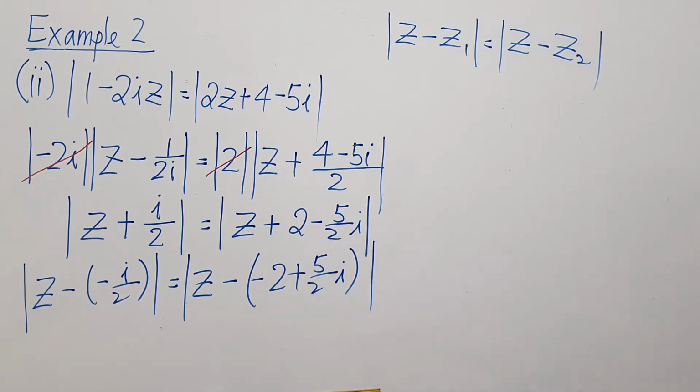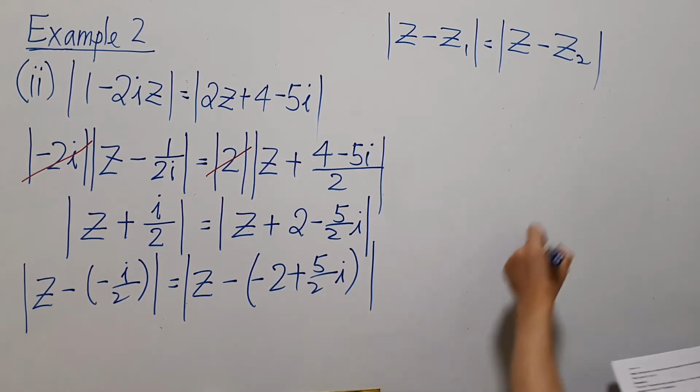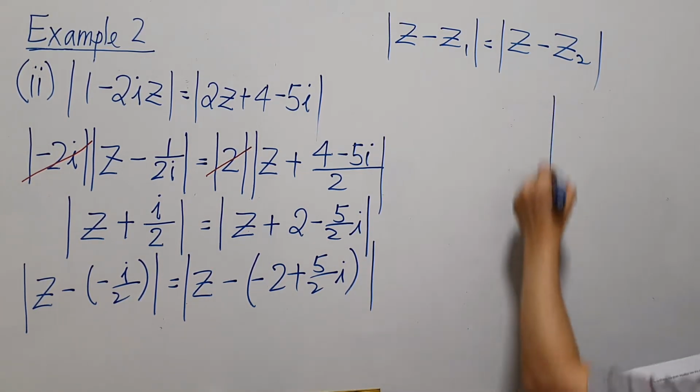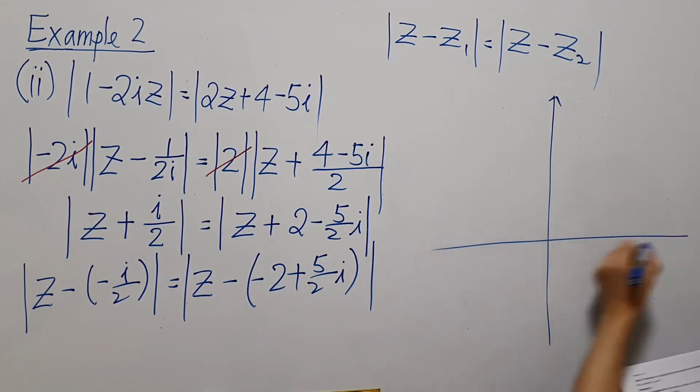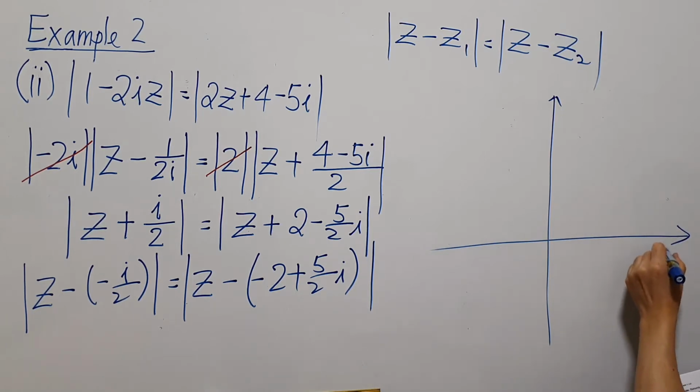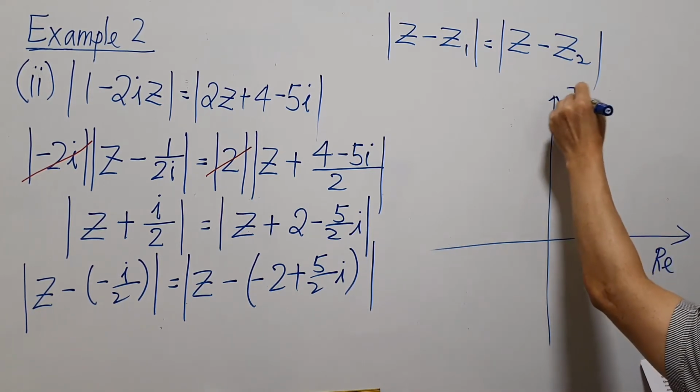So now if you look at this equation as compared to this, they now look alike. So based on your understanding of this generic one, this is actually a perpendicular bisector of the 2 points, which are minus i over 2 and minus 2 plus 5 over 2 i. So now you're ready to draw a diagram. This again is the real axis, this is the imaginary axis.